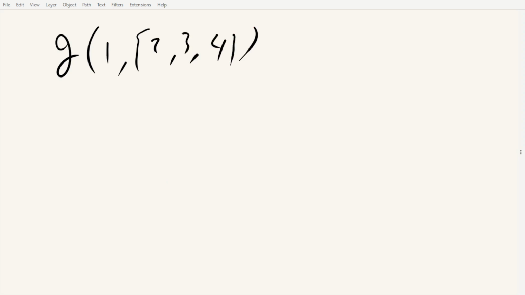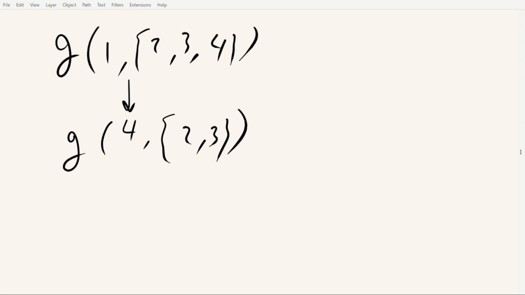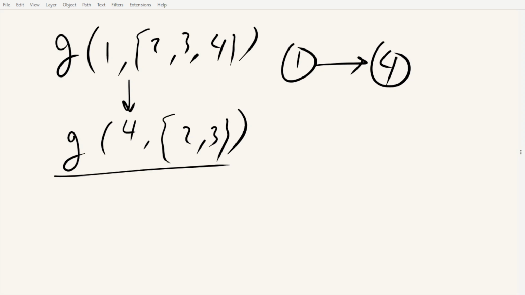So our initial problem was G1 2 3 4. From this we move from 1 to 4, so the subproblem becomes 4 2 3. Now we have to see how we get the minimum in G4 2 3.